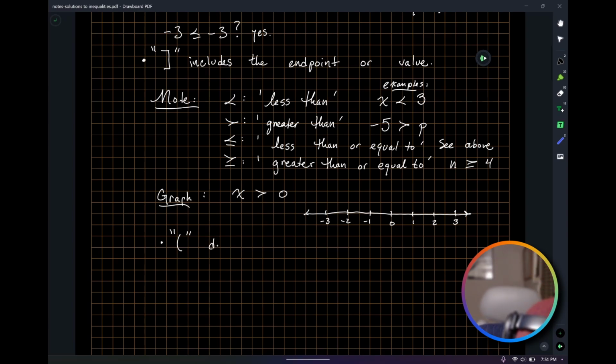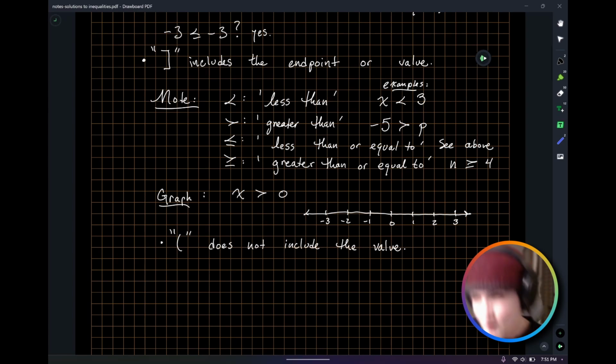This means it does not include the value. But gosh, does it get close. 0.0000001 is still greater than 0. Even the tiniest of numbers greater than 0 is still greater than 0. Epsilon, for example, would be greater than 0.